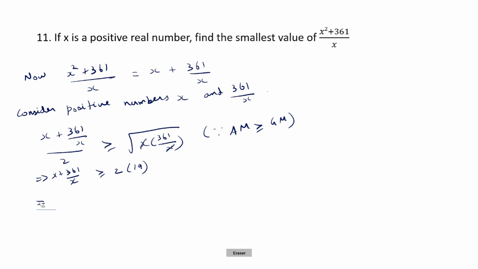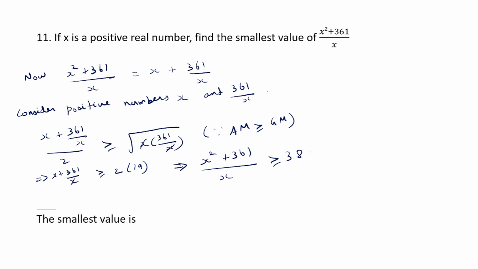Or from this we get x square plus 361 the whole thing divided by x is greater than or equal to 38. So the value of this expression is greater than or equal to 38. As a result, the smallest value of this expression is 38. Therefore, the smallest value is 38.